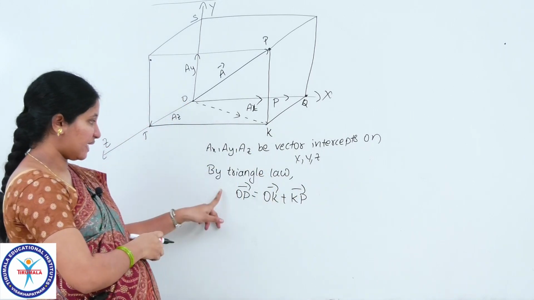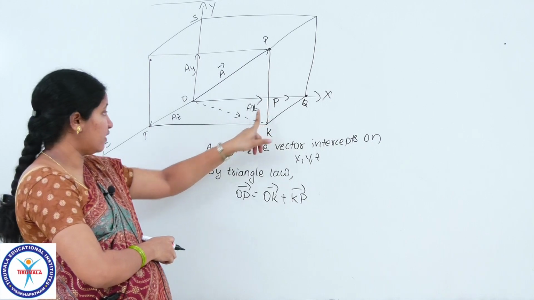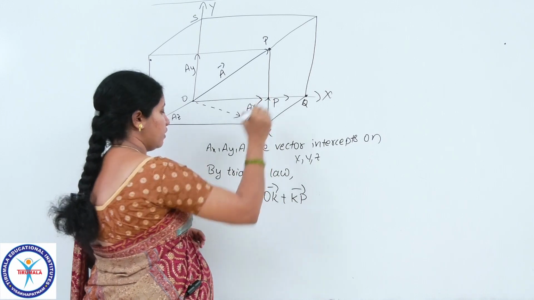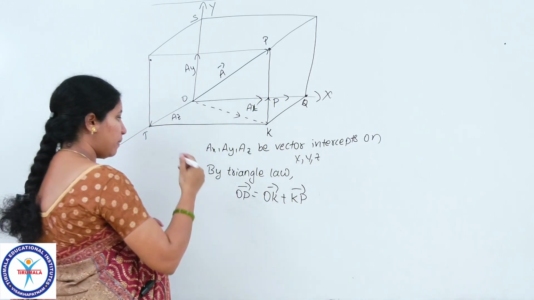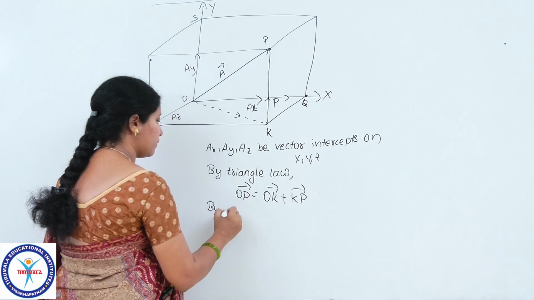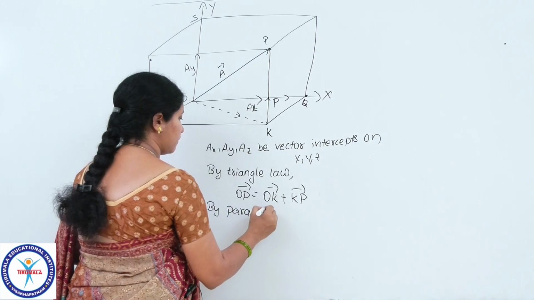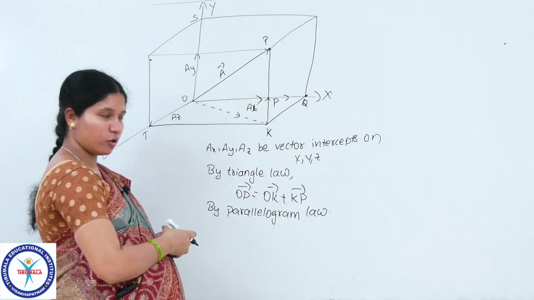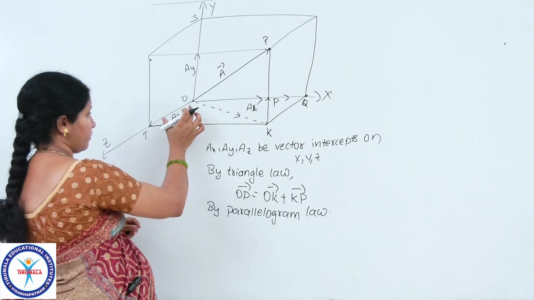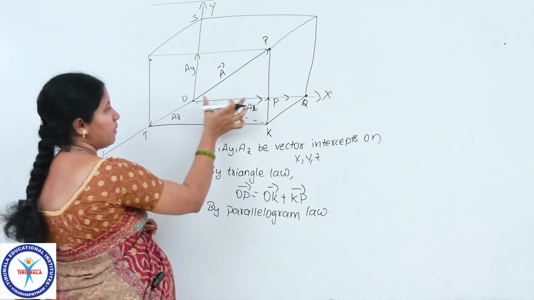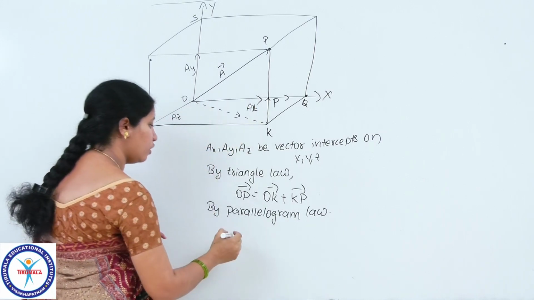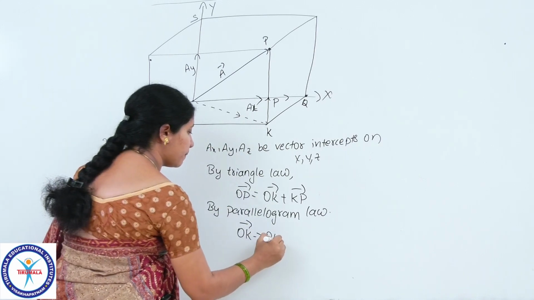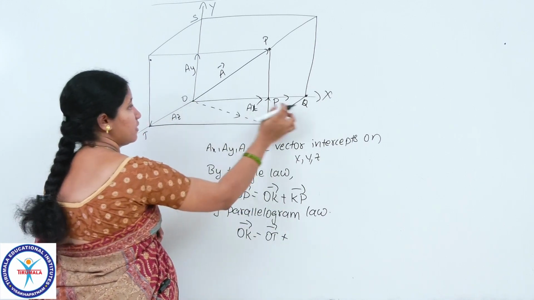From this, now applying parallelogram law, we get OK bar is equal to OT bar plus OQ bar.